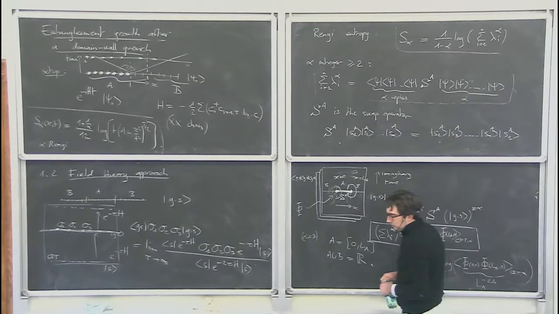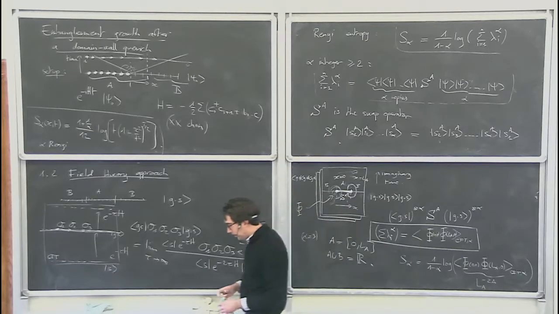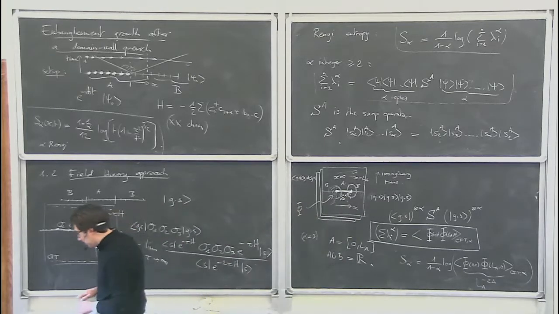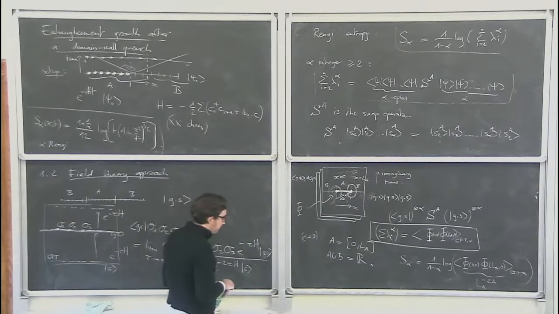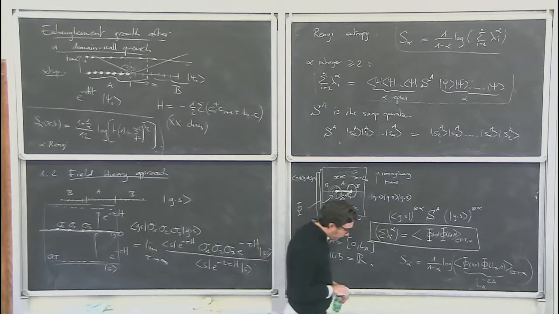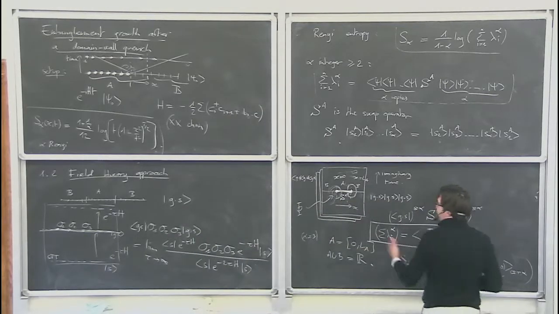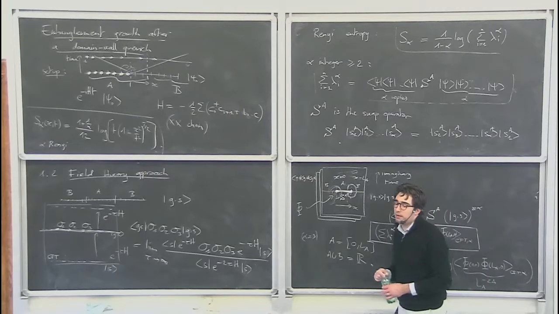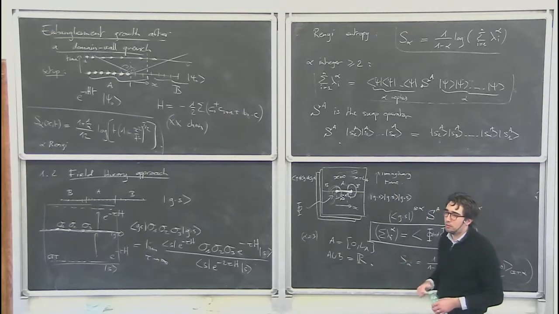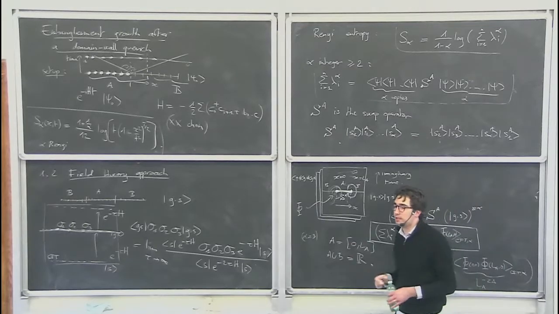Then if you write the OPE, you can see that it has to be a primary field, because otherwise there would be another operator with a smaller scaling dimension.